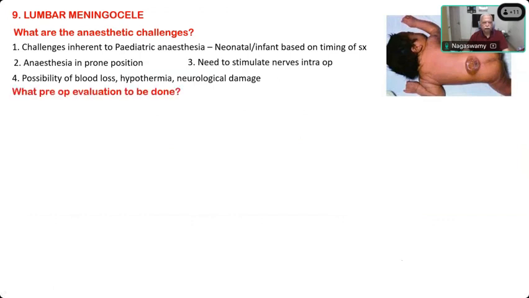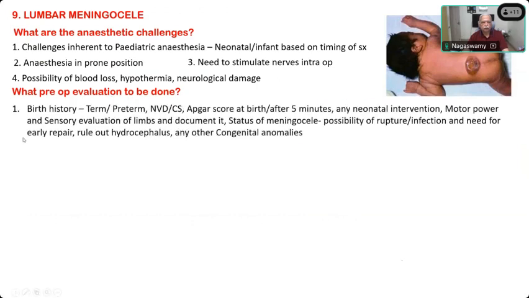What degree of evaluation to be done? So neuromuscular integrity. We have to check for neurological deficits, whether the child is moving the lower limb or not, because it's a lumbar meningocele. We do not know whether the child is born with paraplegia or not. So make sure that the motor and sensory in the lower limb is adequate.